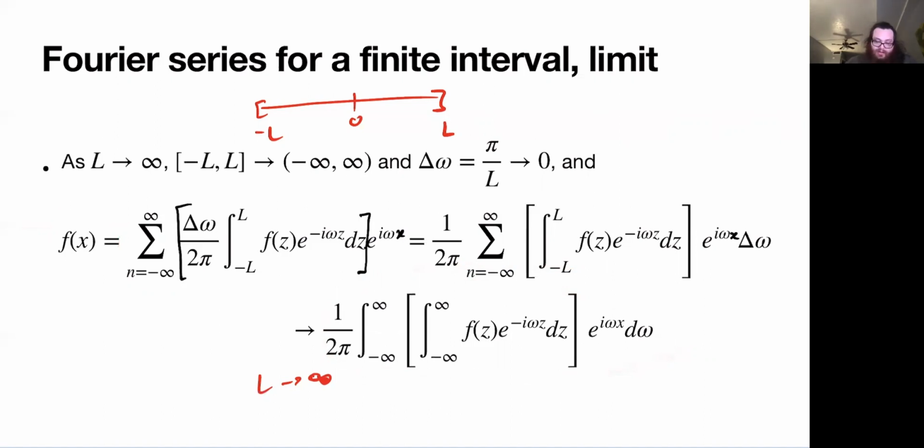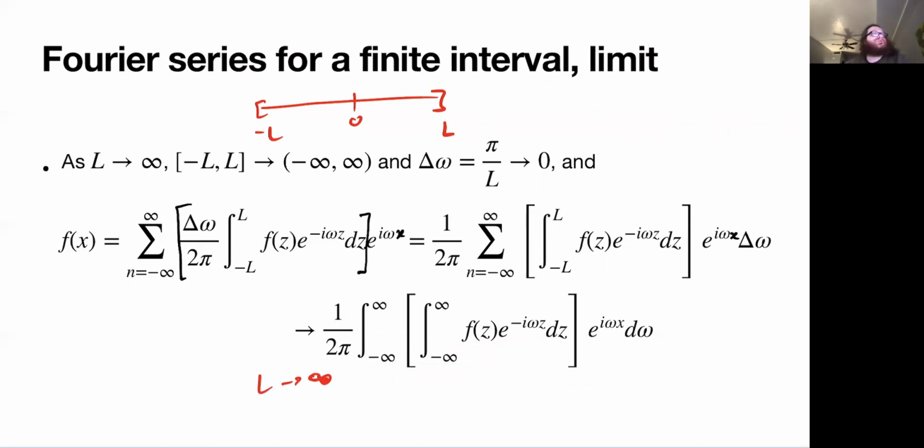Okay. And so for our purposes, two things to note. One is we have this superposition principle. We're summing up over these basis functions, e to the I omega x. And then the other piece to keep in mind is we have this interesting coefficient in here. This thing is a function of omega. And what we're doing is we're integrating out f of z, the function that we care about, multiplied by this function e to the minus I omega z, and then integrating out in z.